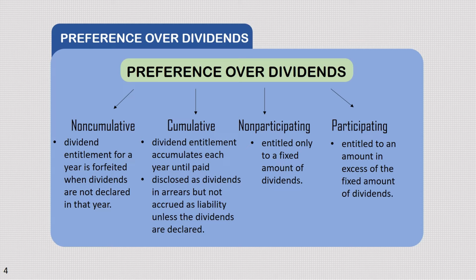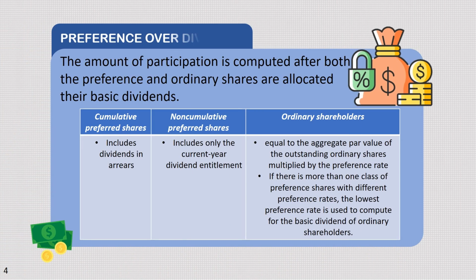Non-participating. A non-participating preference share is one which is entitled to a fixed amount of dividends, and a participating preference share is one which is entitled to an amount in excess of the fixed amount of dividends. The amount of participation is computed after both the preference and ordinary shares are allocated their basic dividend. The basic dividends of cumulative preference share include dividends in arrears.